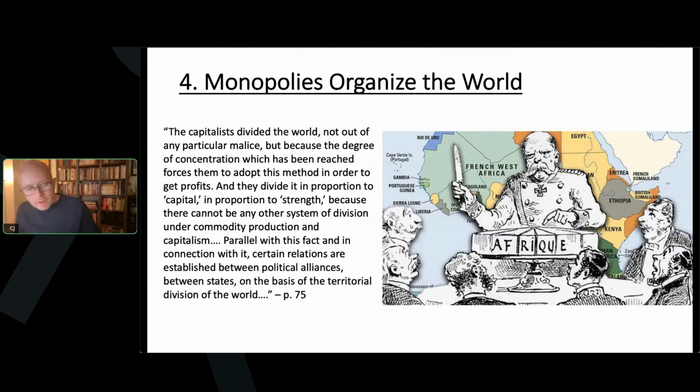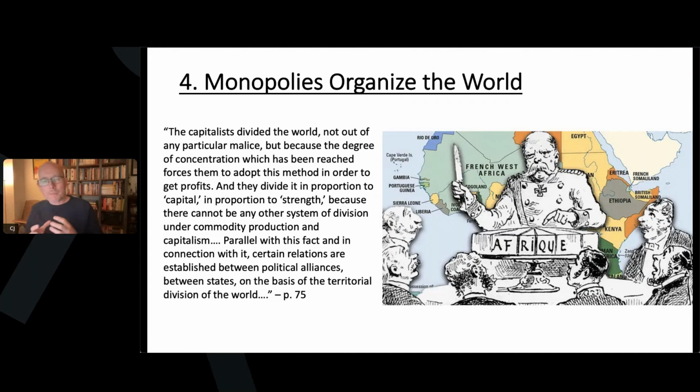Okay, now as this export of capital proceeds, as it gets underway, and as the financial oligarchies of the advanced capitalist countries begin to extend themselves out into the underdeveloped countries of the world, this sets off a competition, right? And Lenin showed that these monopolies, these financial oligarchies, yes, they compete, but they also cooperate to control the world.